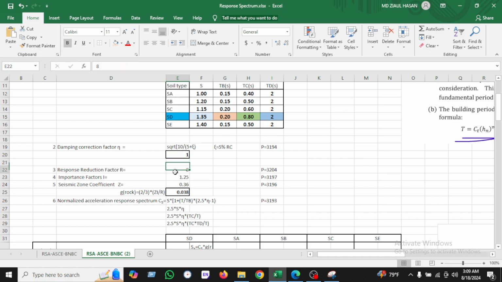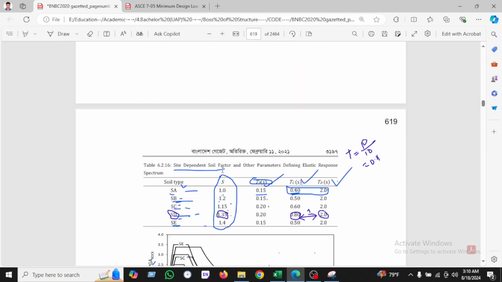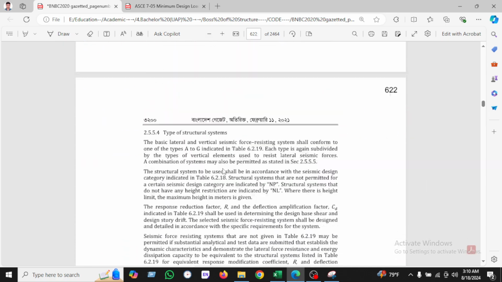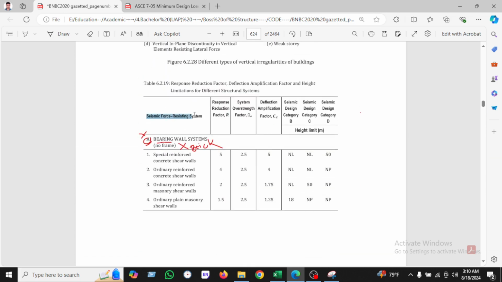Next is the response reduction factor. The response reduction factor depends on the various seismic force resisting systems. It is also given with the deflection amplification factor and so on.